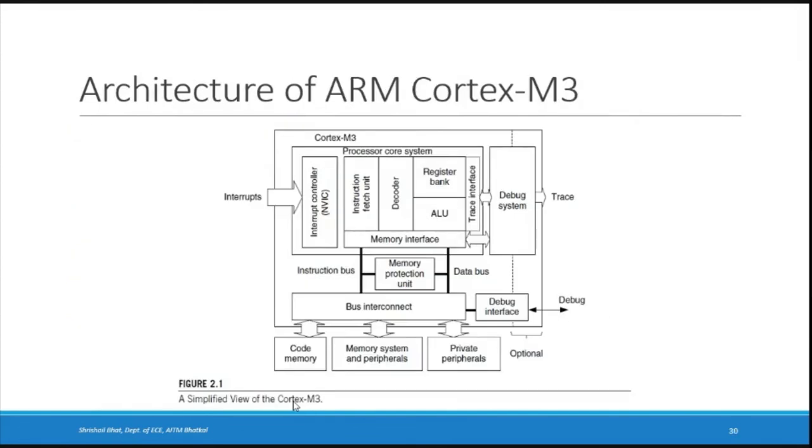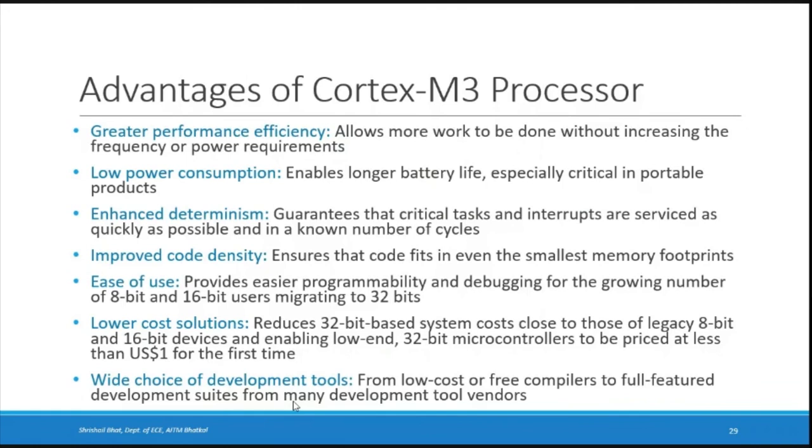Then we have the architecture of ARM Cortex-M3. This we will see in the next class. Today I just gave a brief introduction to the ARM processors and their background.